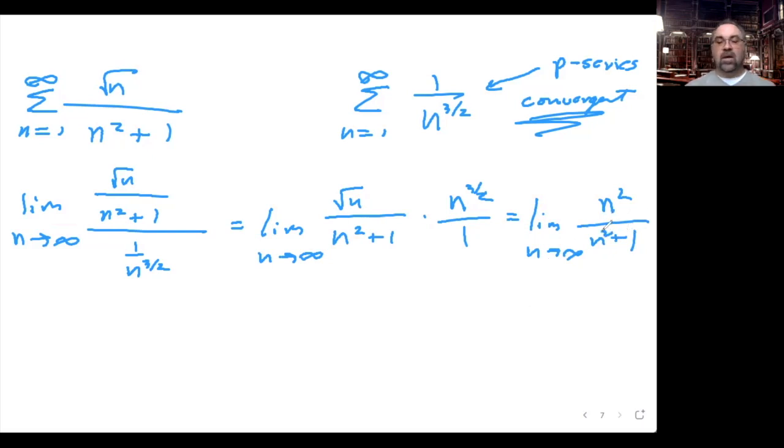Now we can find that limit with L'Hopital's rule, a couple of times if needed. Eventually you'll show that that limit is equal to 1, which is finite and positive.